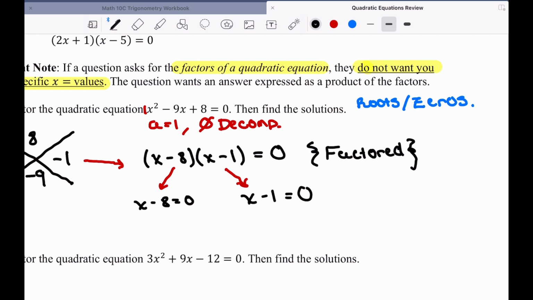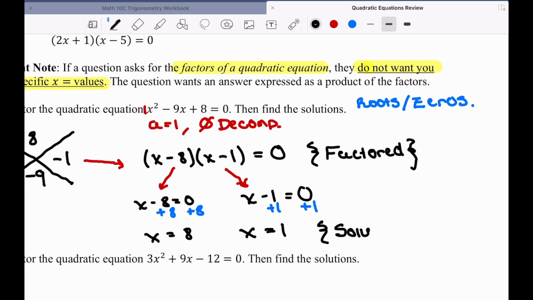Now it's just about isolating for that x. To isolate for the x, I'm going to add the 8 to both sides, and add the 1 to both sides. That's going to leave me with x is equal to 8, and then x is equal to 1. These would be considered our roots of the equation, or our solutions.